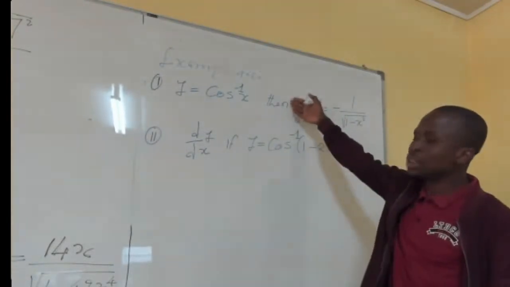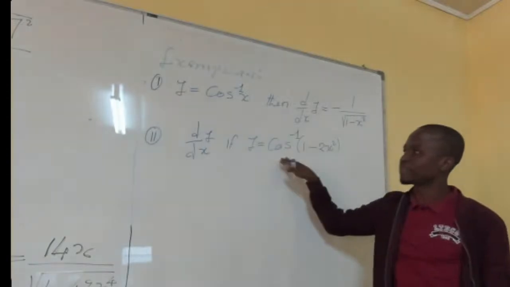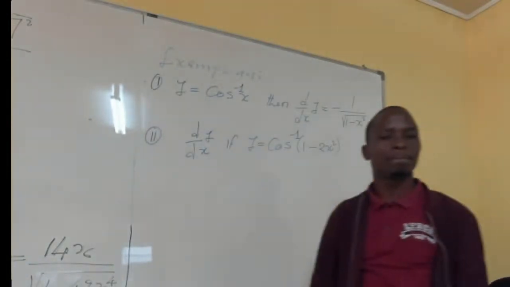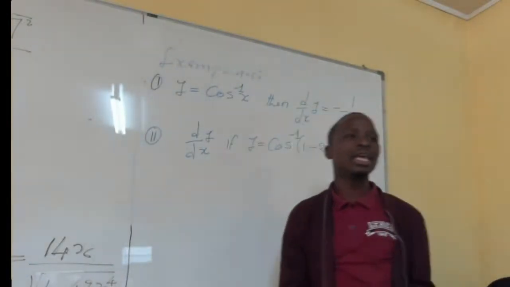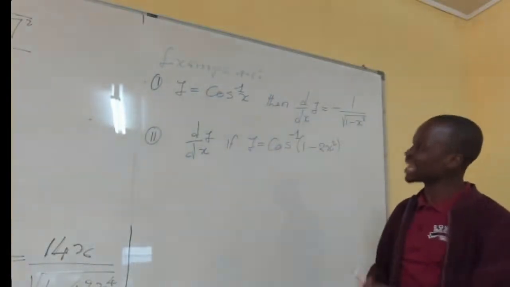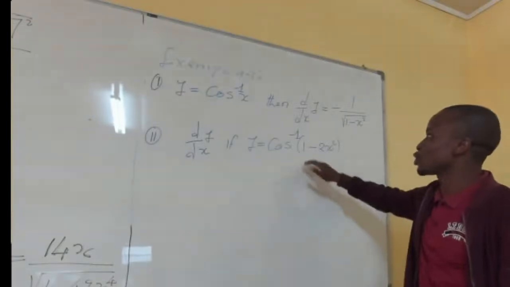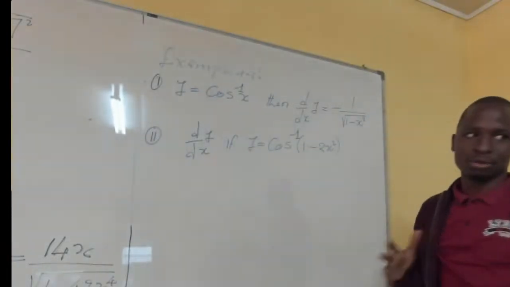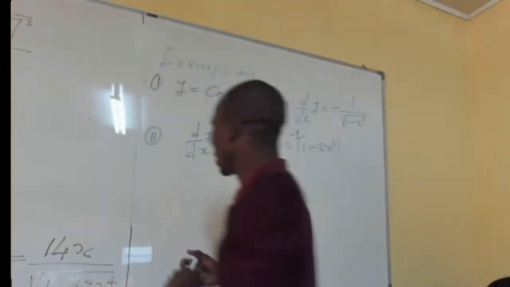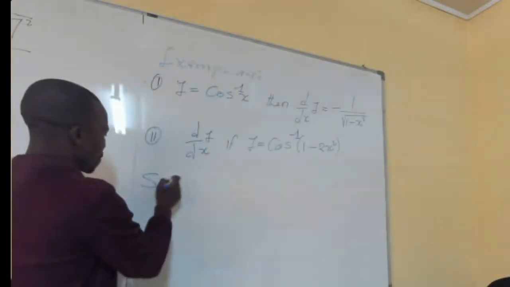So you are now using this concept to differentiate part 2. The part that you're going to work on in detail is the first one, but for the second one you just substitute and then you find your final answer. Okay, now let's start the solution.